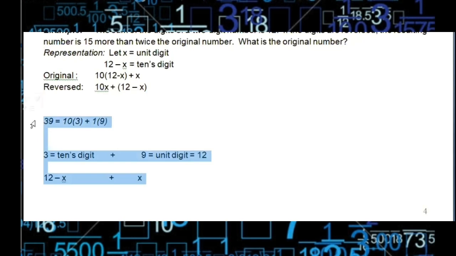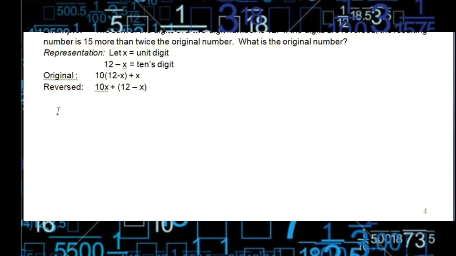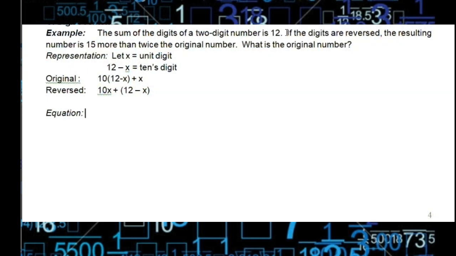Got it? So, I will apply this to the word problem. So, the equation. This is where you make the representation. It says, if the digits are reversed, so our reverse is 10x, copying from the representation, 10x plus 12 minus x.